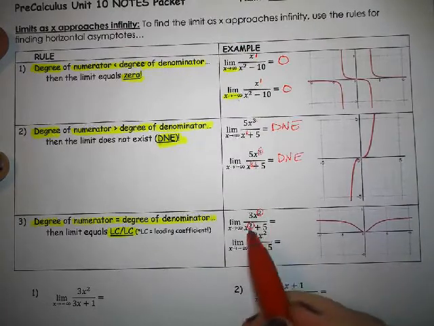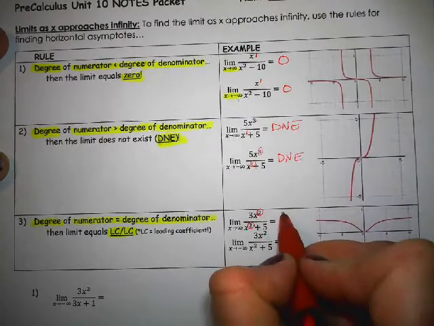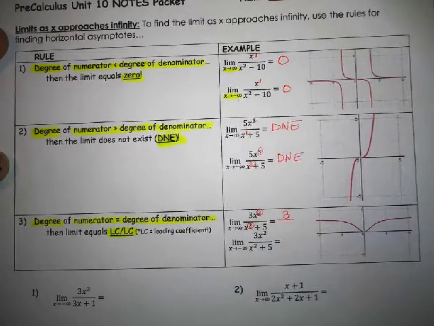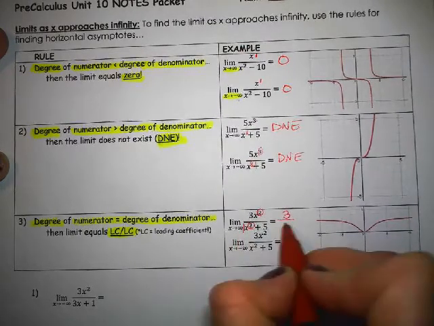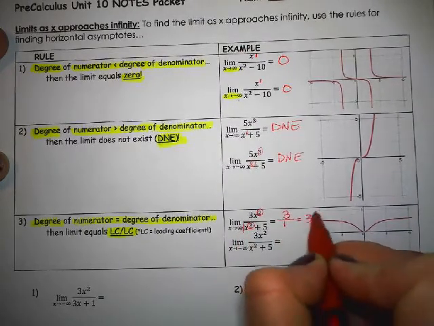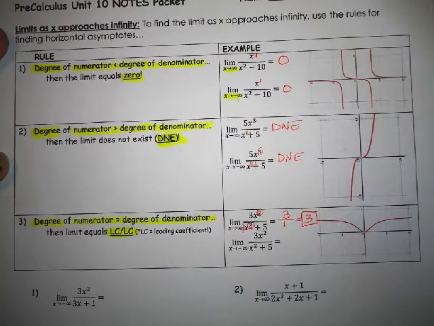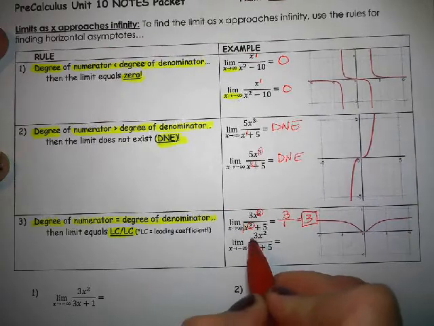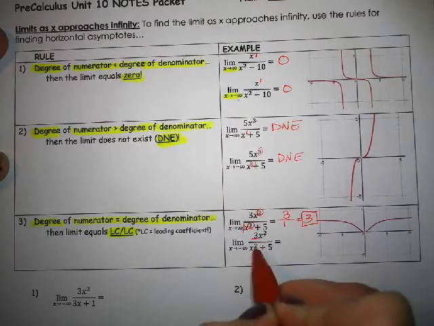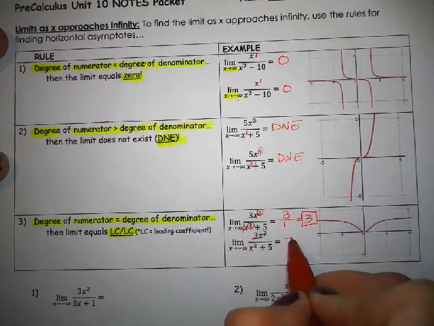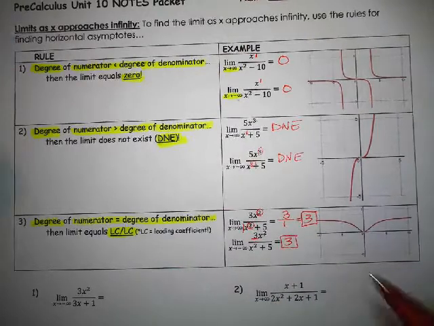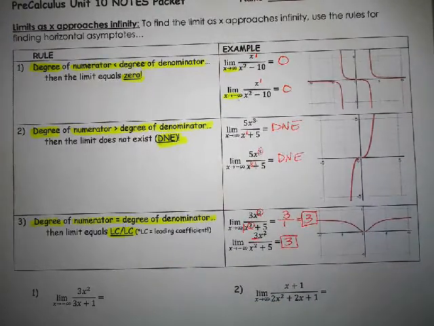So they're the same. So my answer is going to be the leading coefficient of the numerator over the leading coefficient of the denominator, or just 3. And the same exact rule holds if it's going to negative infinity. The degrees of the numerator and denominator are both 2, leading coefficient over leading coefficient. My answer is 3.